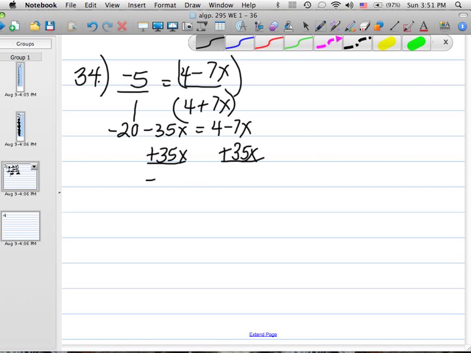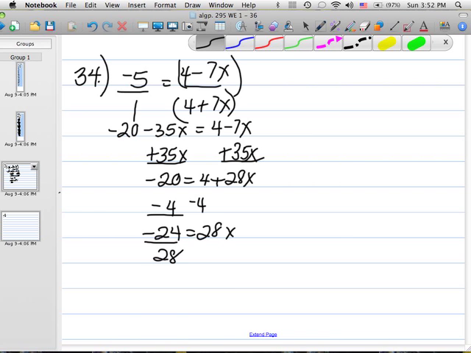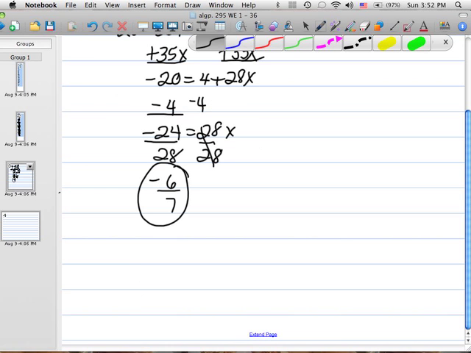So we have negative 20 equals 4 plus 28x. Subtract 4 from both sides to solve for x. We get negative 24 equals 28x. Divide by 28. And 4 goes into negative 24, 6, and into 28, 7. So our answer is negative 6/7.